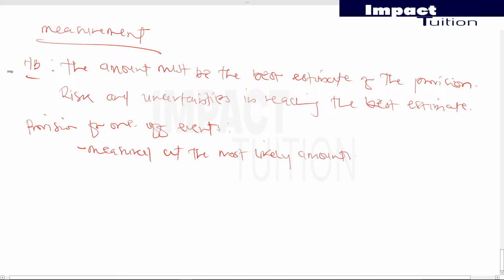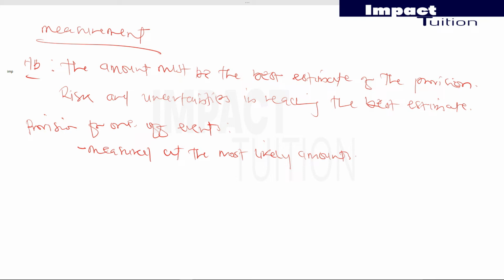All right. Let's pick an example. Maybe there's an environmental cleanup lawsuit. We know that it is going to go against us. And in order to know the amount at which we would make a provision for that lawsuit, it may be in the law that if you should be in breach of such an environmental cleanup, this is how much you are going to pay as damages.